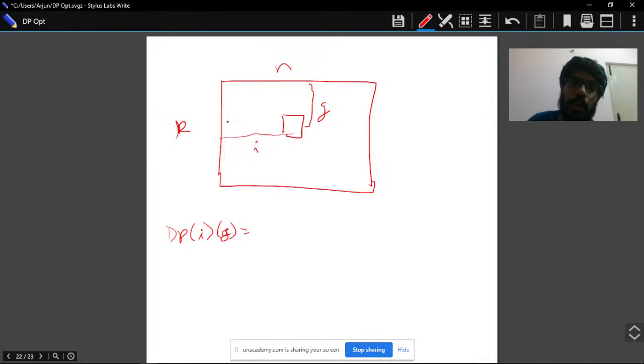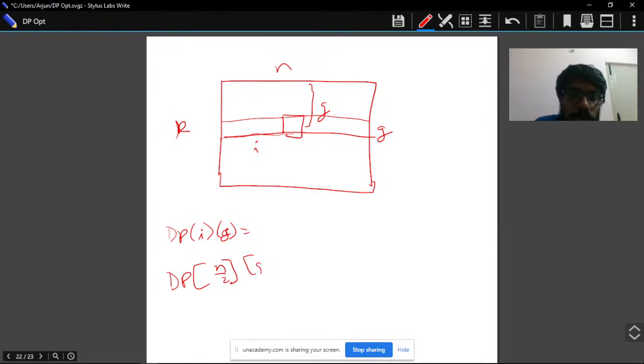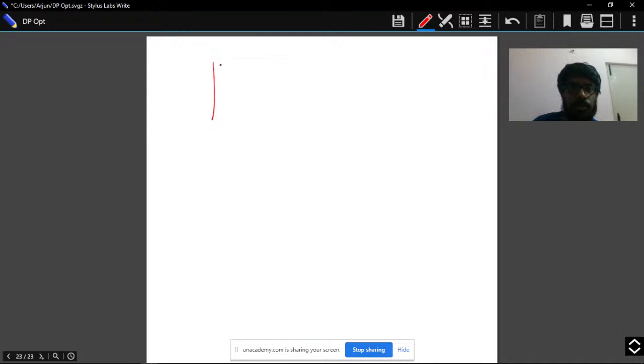So now when I want to compute the gth row, all these guys have already been computed. But I'm not going to start from the left. Instead, I'm going to first find dp[n/2][g], the middle element. So this is my table, k cross n, and I am right now at the gth row.